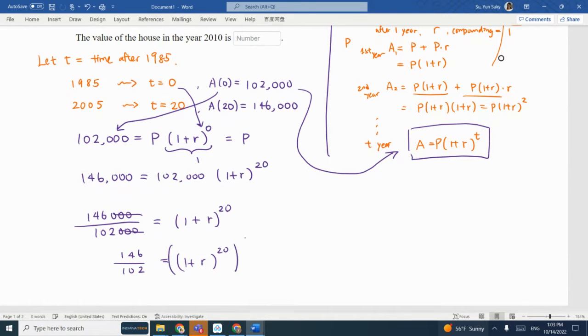To get rid of the 20, you raise both sides to the 1 over 20, like taking the 20th root. So they cancel, and we get 1 plus R equals 146 over 102 to the 1 over 20. On your calculator, put parentheses 146 over 102 raised to the power of 1 over 20. What do you get?